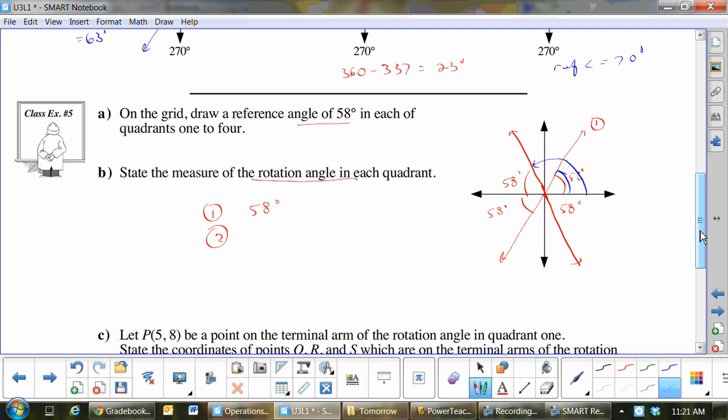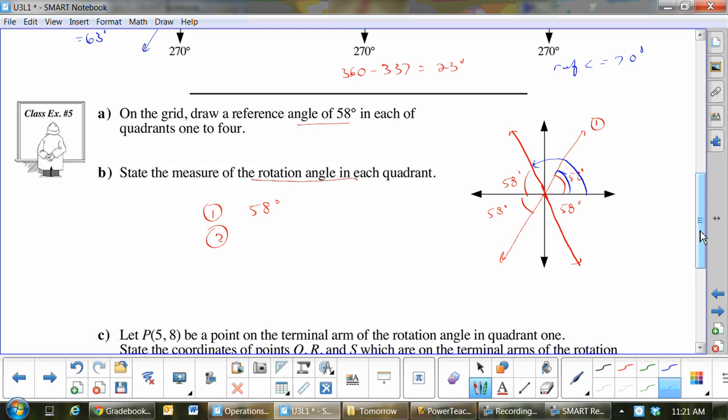How much? Yeah, that'd be pretty confusing though. There's a simpler way. How do you find 122? Yeah? How?